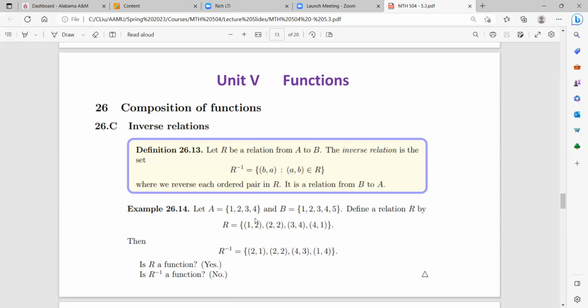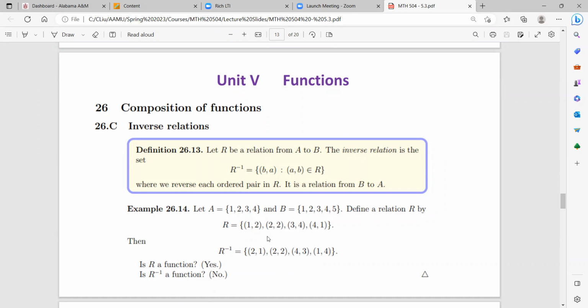Just pick up 1, 2, 3, 4, all of them from set A, and put them in the first coordinate, and then pick up 2, 1, 4 from the second set and put them in the second coordinate, and we know any set of pairs of that kind is a relation, and you don't have to include all the elements in both sets, or either set actually.